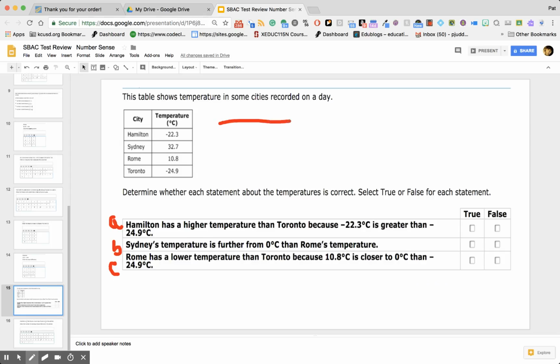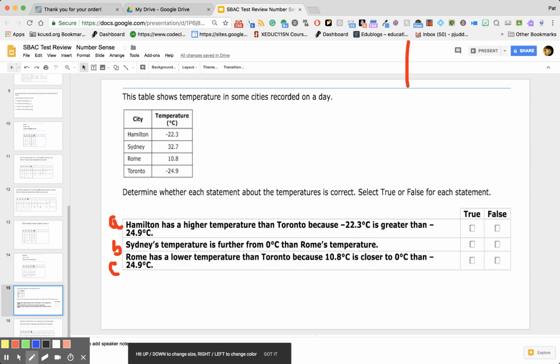Okay, so again, I should draw my number line the other way because we're talking about temperature. So I should draw my number line this way. And here's 0.